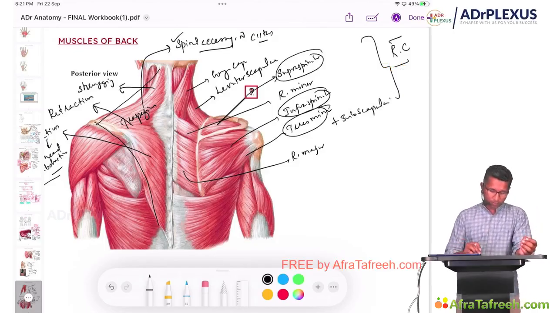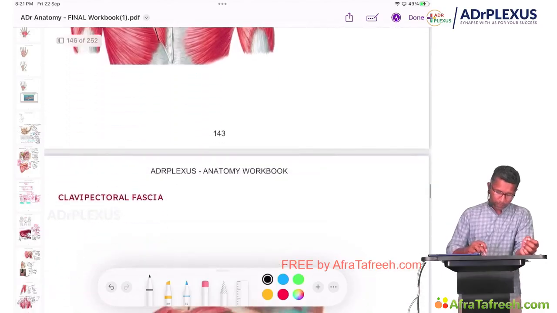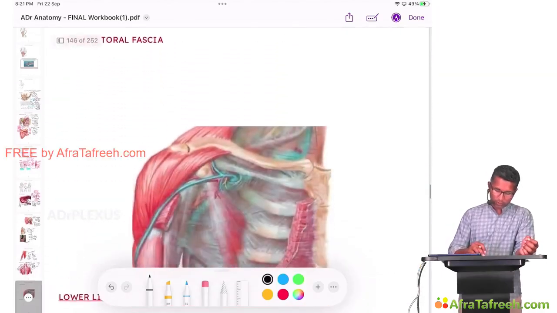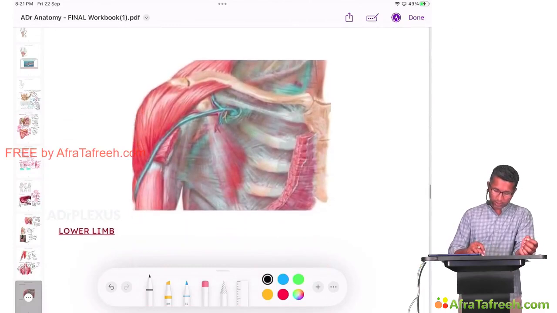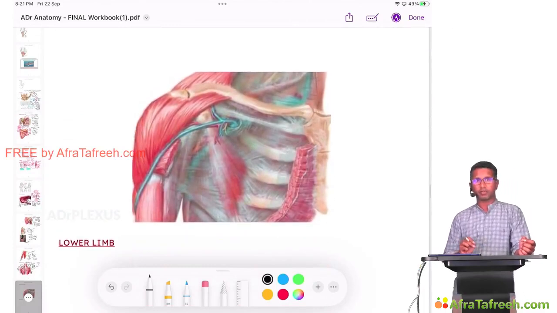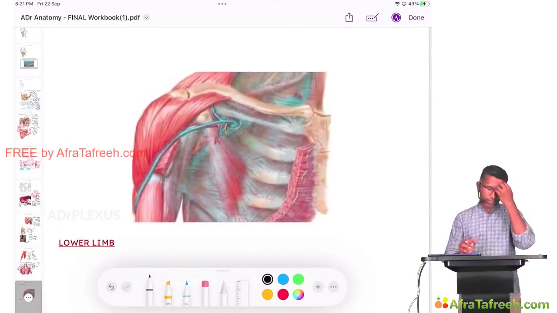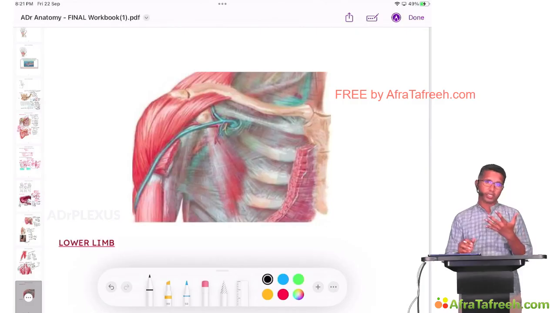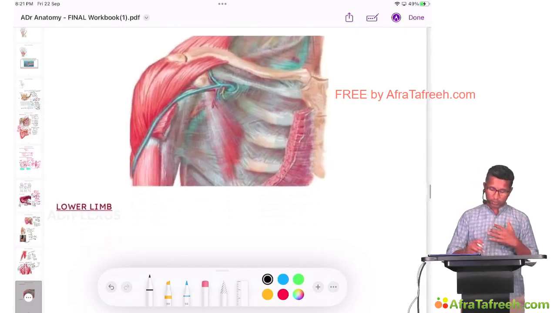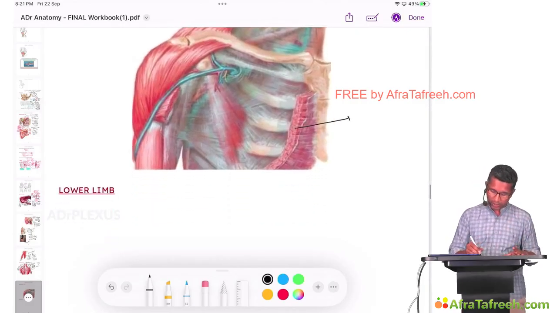And with this we'll move to the last topic of today's upper limb session. That is clavipectoral fascia. See, clavipectoral fascia is a fascia which is present deep to the pectoralis major muscle. You can see the muscle which is being cut here. This is pectoralis major muscle.